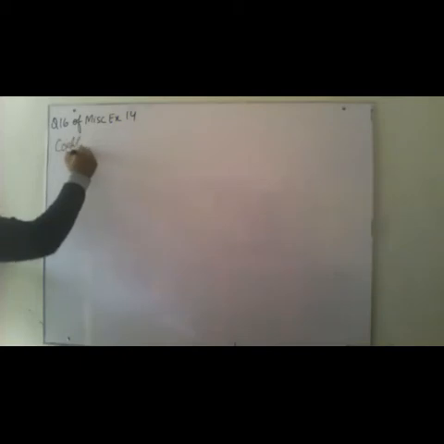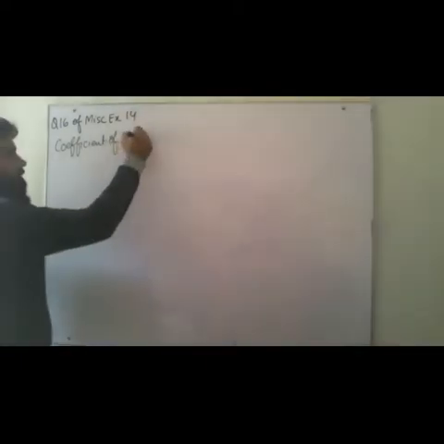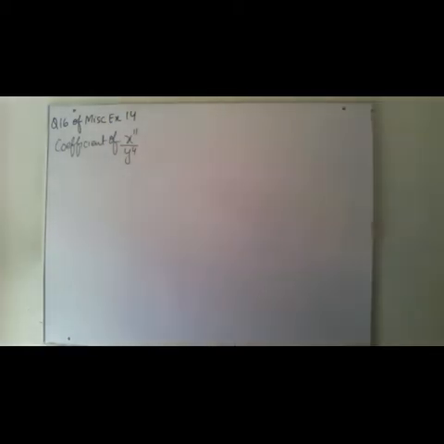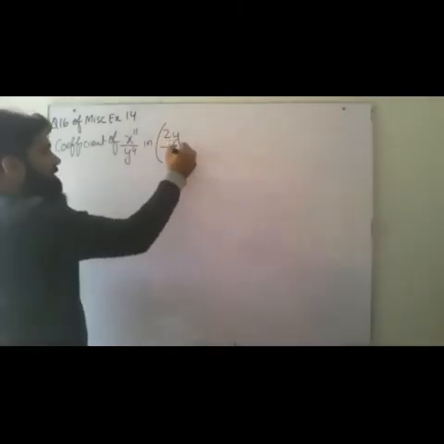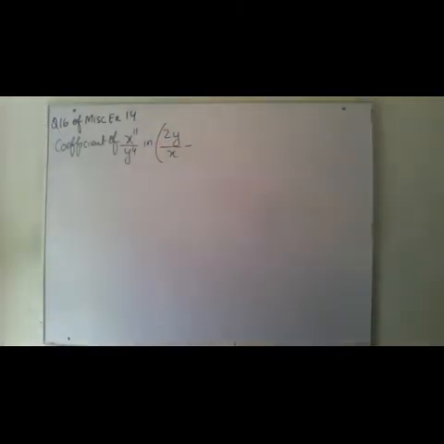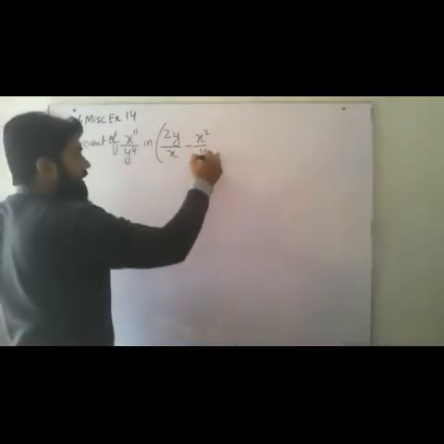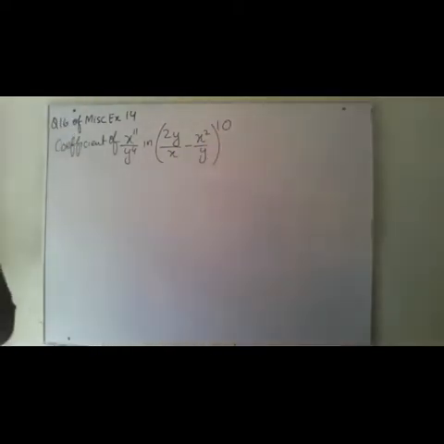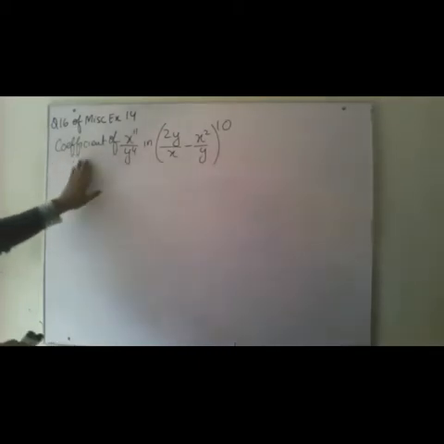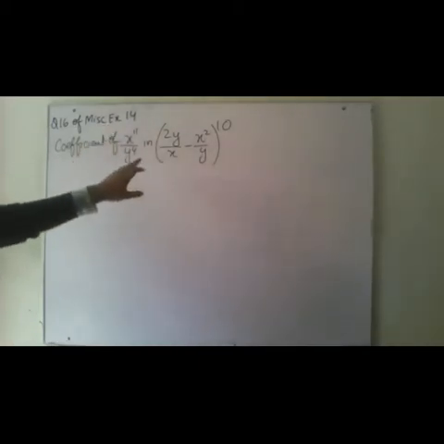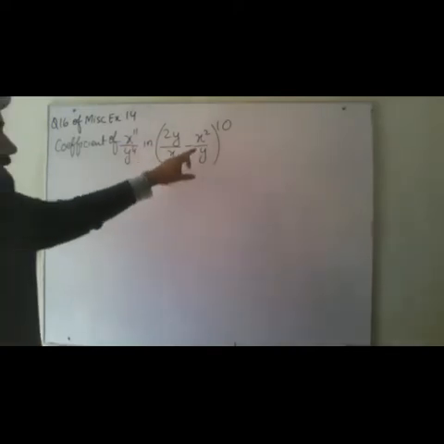The question says: find the coefficient of x power 11 over y power 4 in the expansion of (2y over x minus x square over y) whole power 10. I have to find this coefficient.